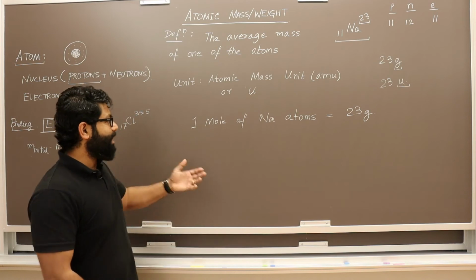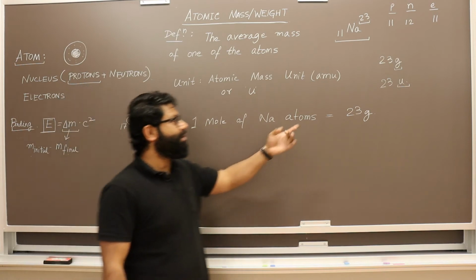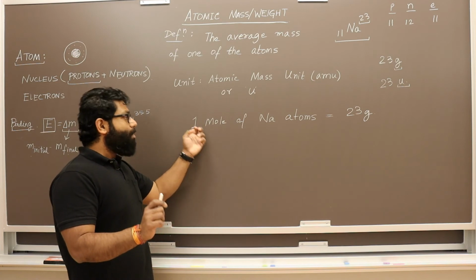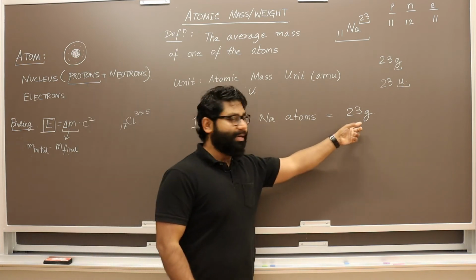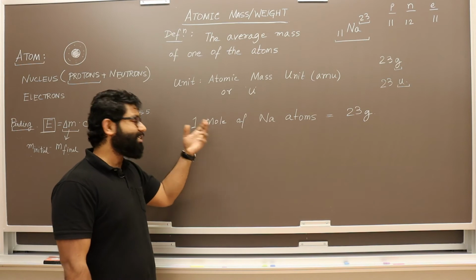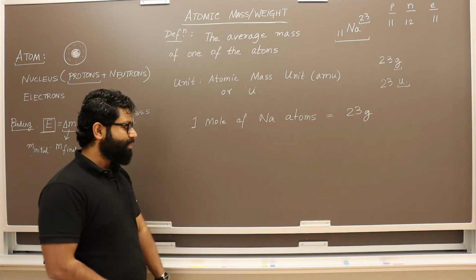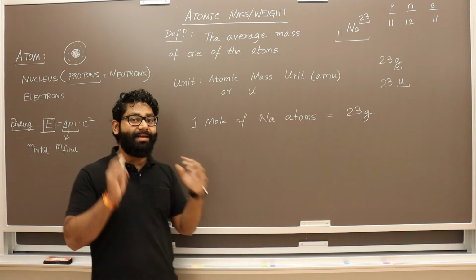Some people say it like this: the atomic mass of sodium is 23 grams, that means 1 mole of sodium atoms has this weight. Now again, the concept of mole will be understood clearly in the mole concept, but for now, please understand that a mole is a number.